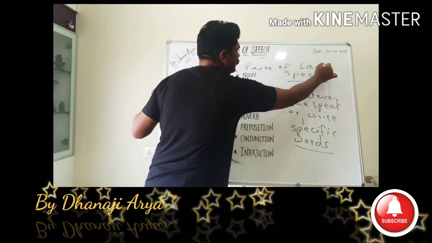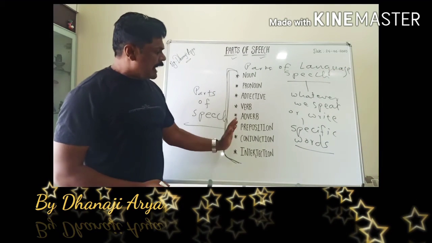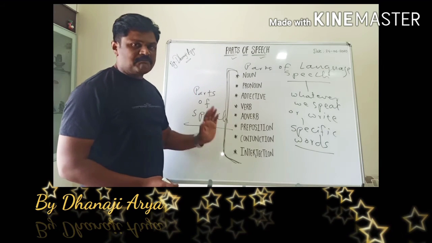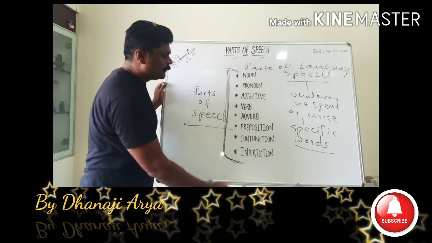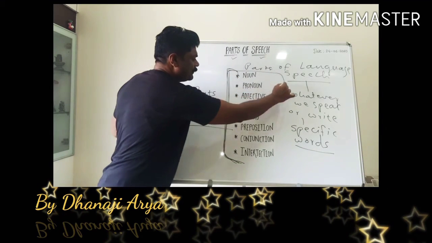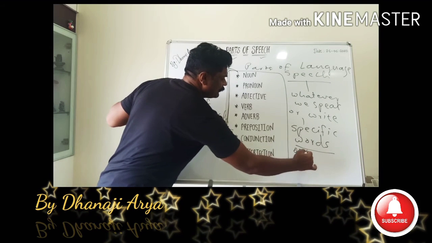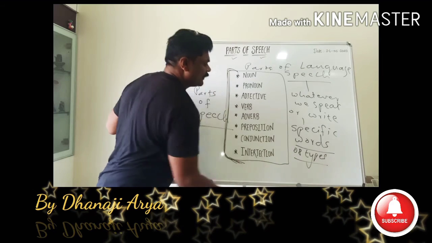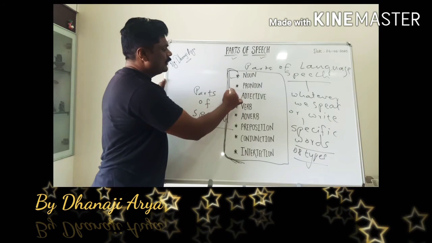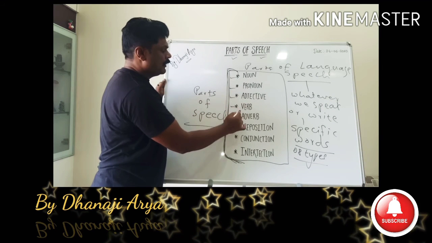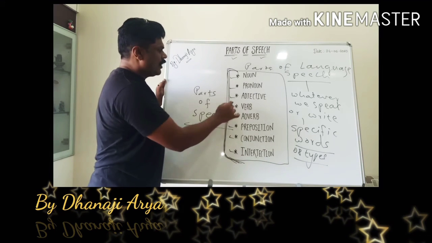One thing we have to notice, any language would be there, English, Marathi or Hindi, there is the requirement of different types of words, and these are categorized in 8 types: noun, pronoun, adjective, verb, adverb, preposition, conjunction and interjection.